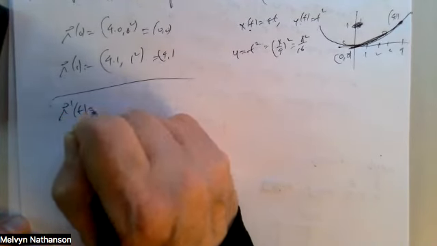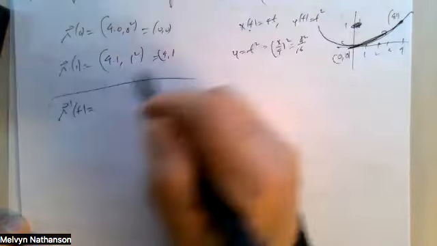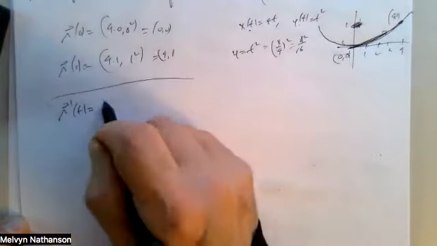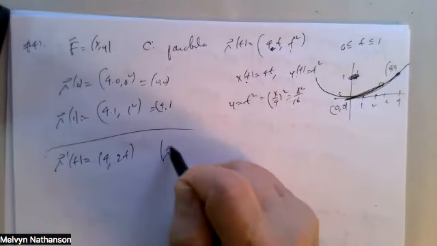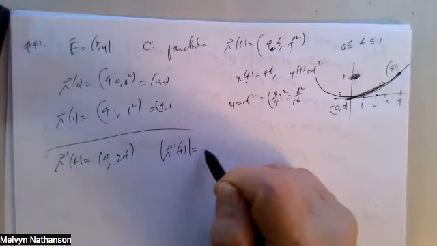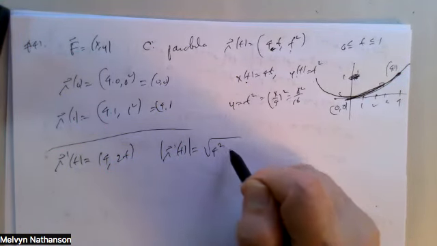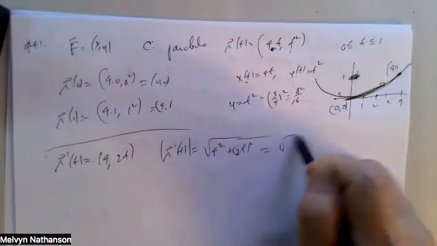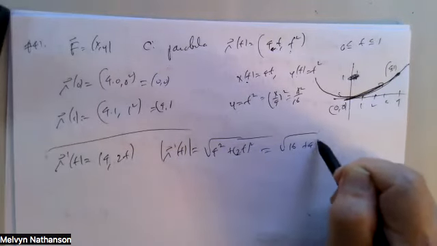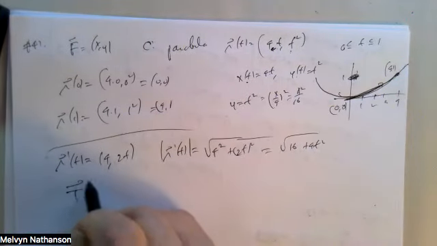r prime of t, when I differentiate: the derivative of 4t is 4, and the derivative of t squared is 2t. So the length of r prime of t is the square root of 4 squared plus (2t) squared, which is the square root of 16 plus 4t squared.